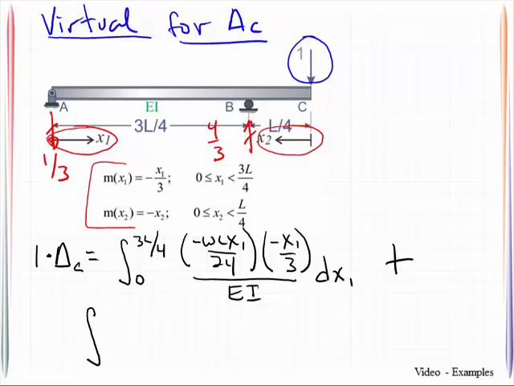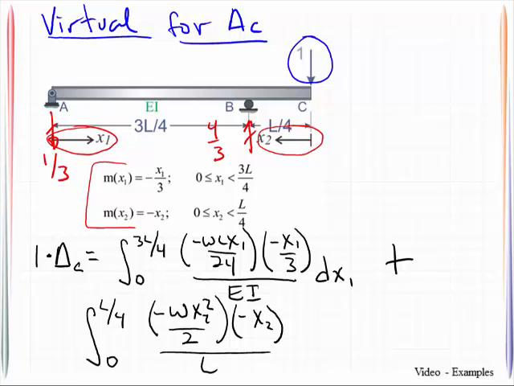Plus, we get the other segment, so this is 0 to L over 4. Once again, big M times little m all over EI, integrated with respect to x2.